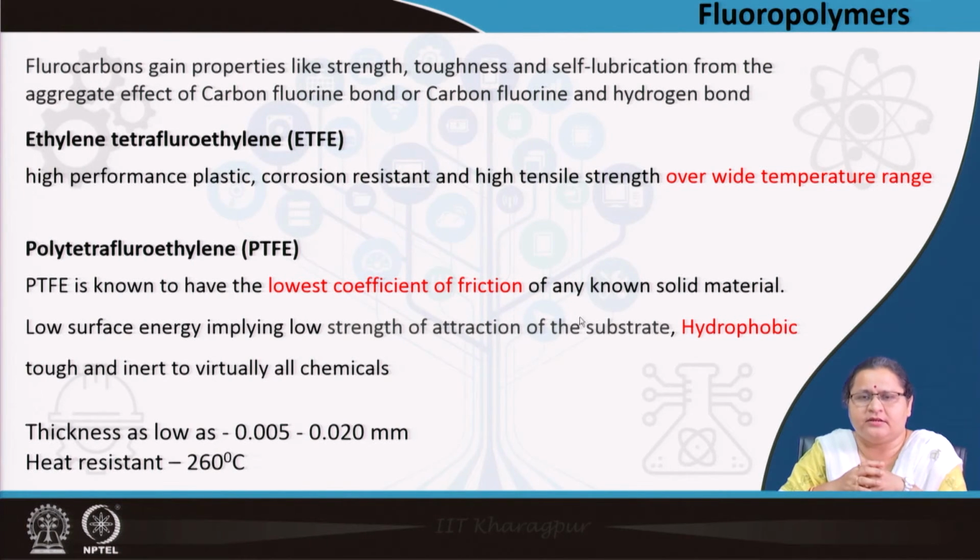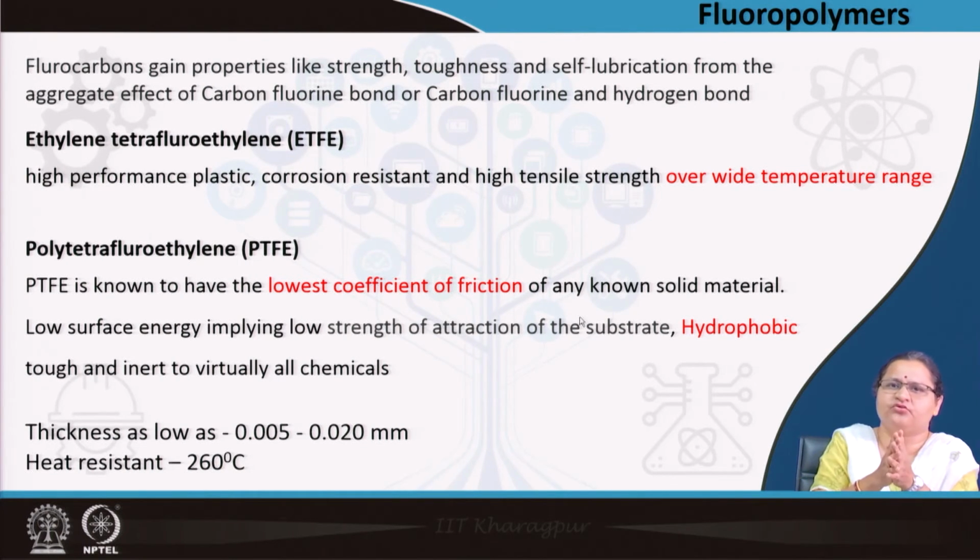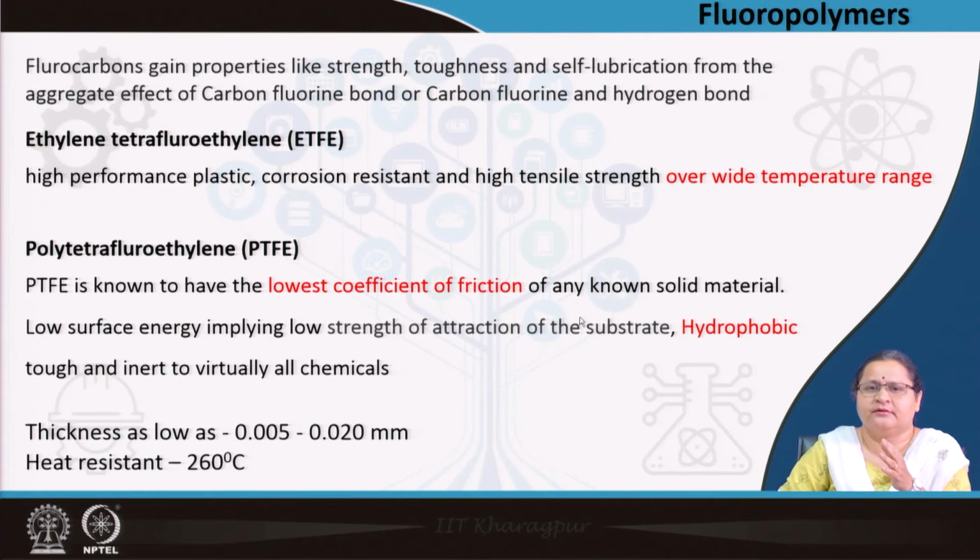That is why you have seen application of this ETFE sheet or the PTFE sheet applied on the outer facade of buildings, which does not allow heat to come in, which is scratch proof and chemically resistant, and it can be a very fine membrane.